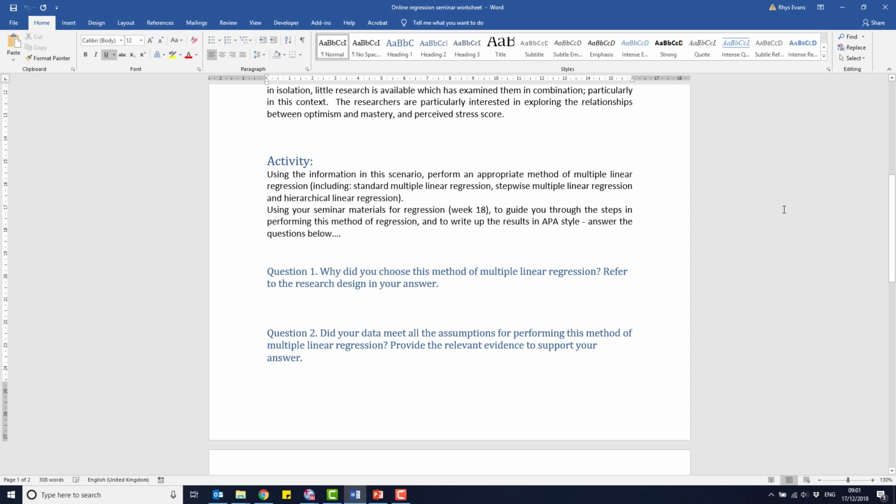What we need to do is choose an appropriate method of multiple linear regression, choosing between standard multiple linear regression, which is what you've looked at in particular and had a go at running in the seminars, stepwise multiple linear regression, which we introduced in the lecture, and hierarchical linear regression, which we also introduced in the lecture, and we looked at aspects of both of those in the paper that we dissected during the lecture. So what I want you to have a go at is choosing one of those approaches.